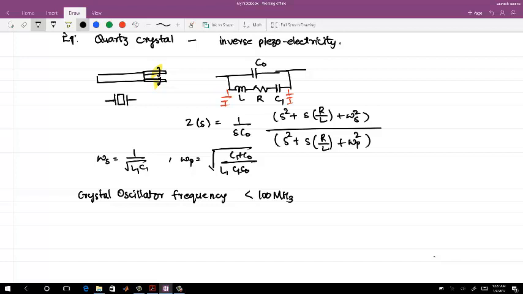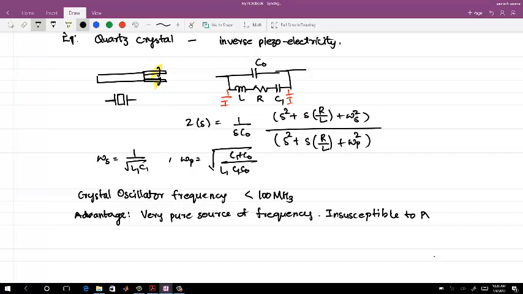So the advantage of the crystal oscillator is that it's a very pure source of frequency, and quite stable, or let me just say more or less insusceptible to PVT variations.